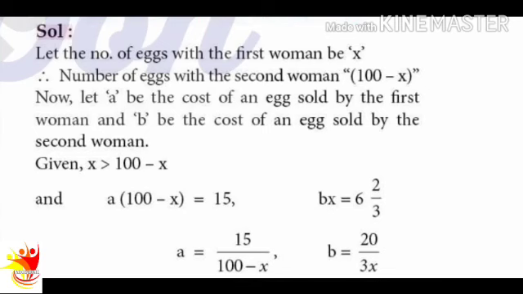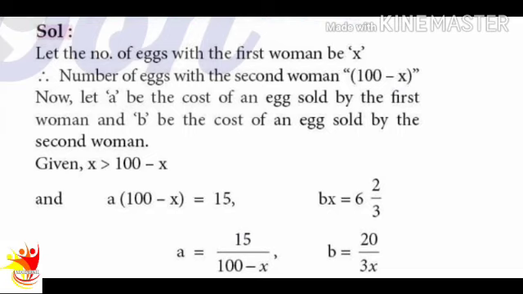Solution. Let the number of eggs with the first woman be x. Therefore, the number of eggs with the second woman, the total being 100, is 100 minus x. Now let a be the cost of an egg sold by the first woman and b be the cost of an egg sold by the second woman.